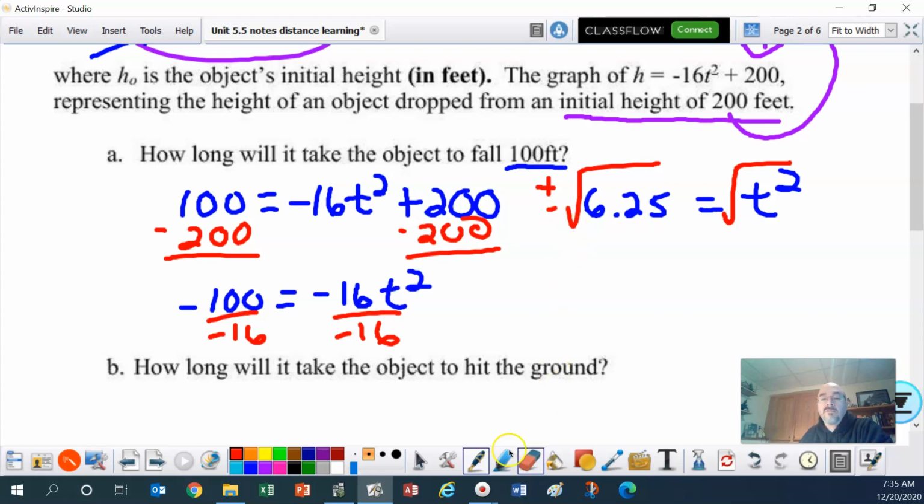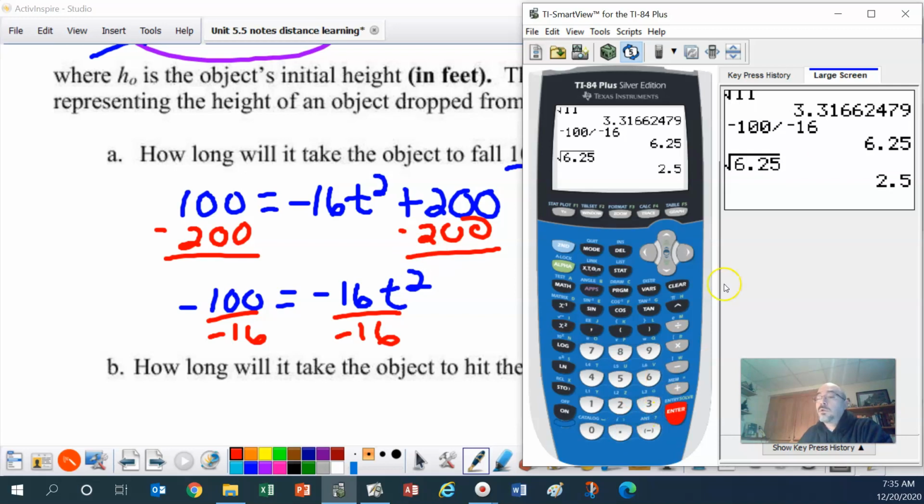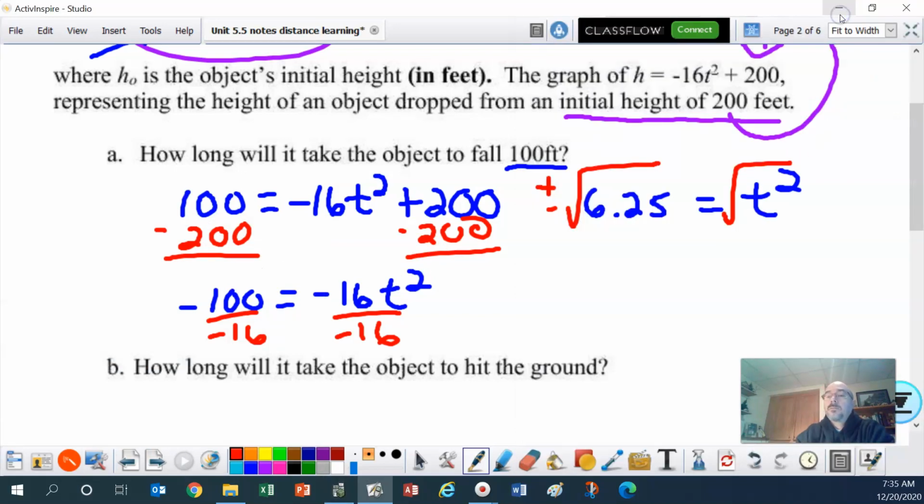So I'm going to take the square root of 6.25, and I get 2.5. So positive, negative 2.5. Now, this is seconds, right?